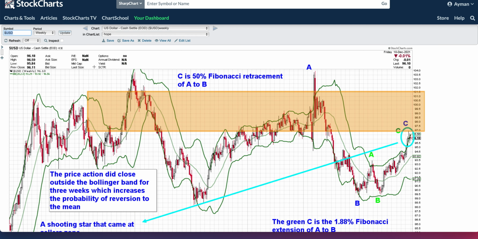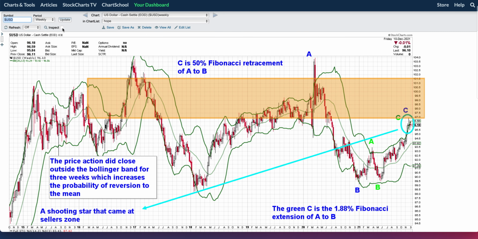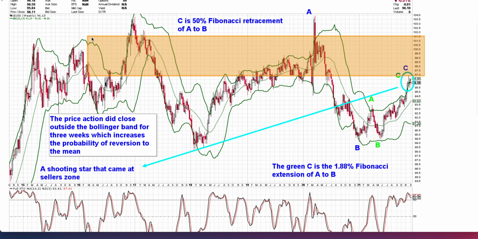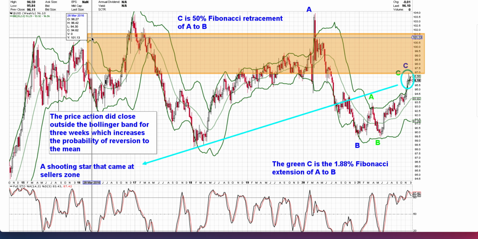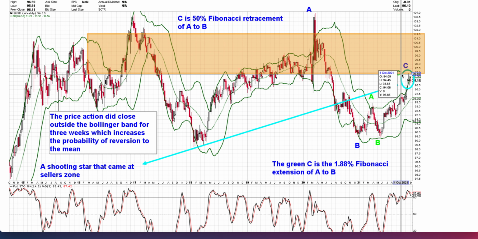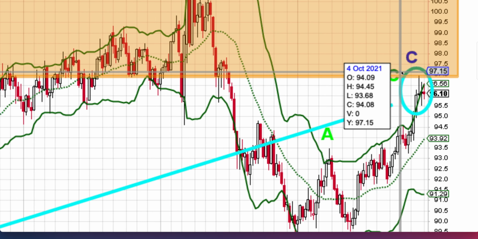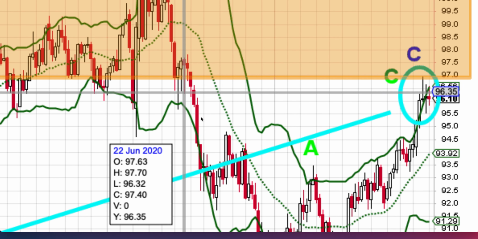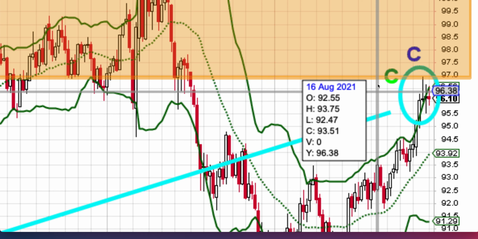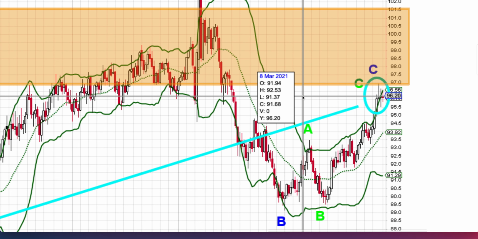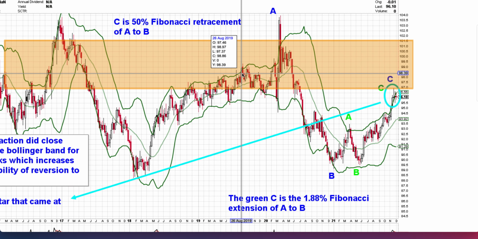Okay, so this is the weekly time frame. Positive for gold, by the way. This is the weekly time frame for USD, and as I stated last week, we hit A, B, C, and the high of 2 weeks, 3 weeks ago was the 50% Fibonacci retracement from this high to this low. It's C, and also a tremendous supply area that brought the price down for years and years.